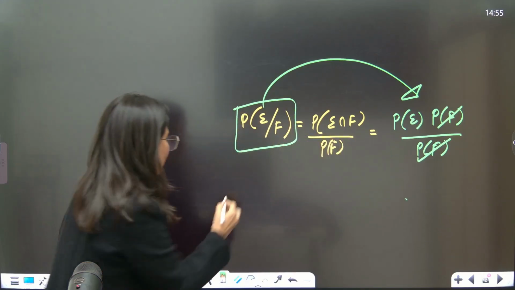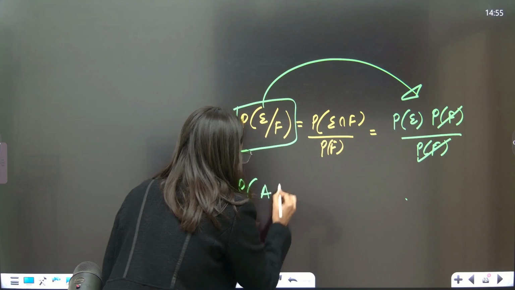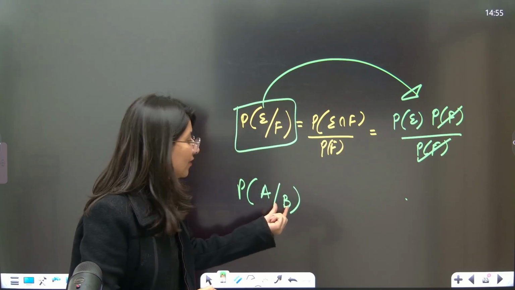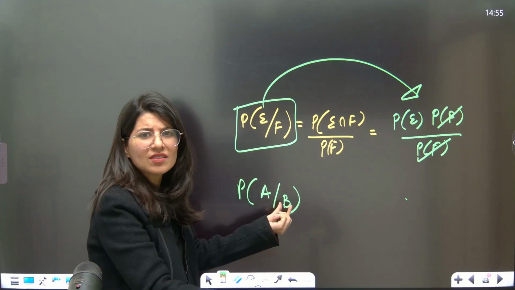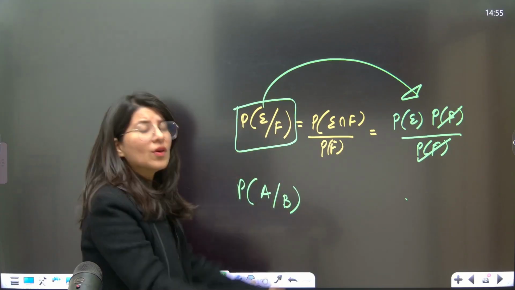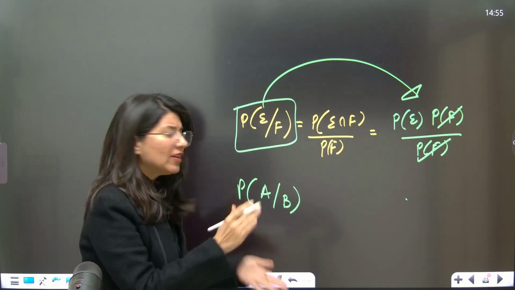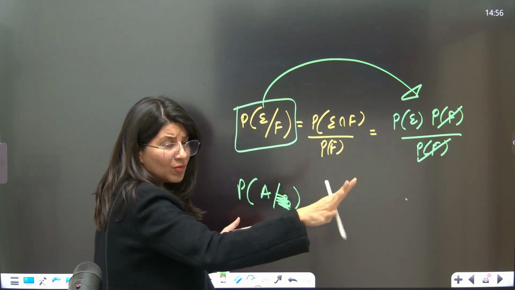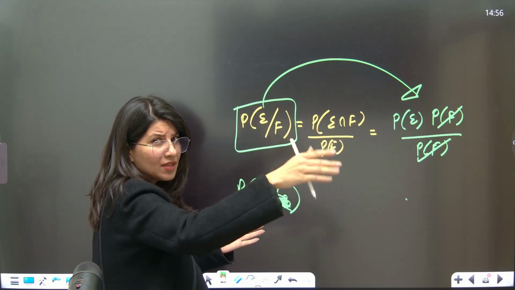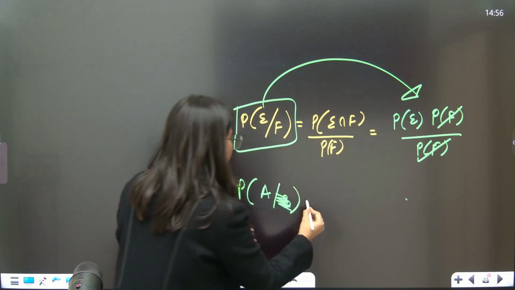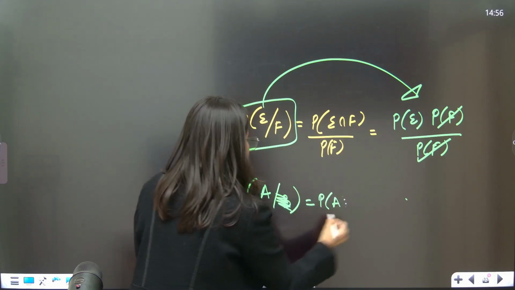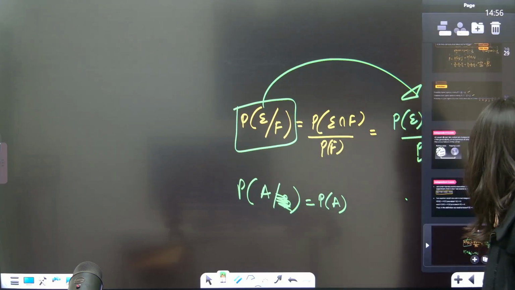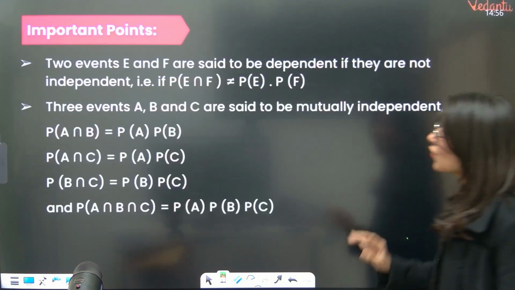So the probability of A given that B has already occurred, if A and B are independent events: whether B has occurred or not does not matter to A. A will say, I am not interested in you, B, you happen, you do not happen, just go away. So this is just the probability of A directly. Just remove the denominator part if both the events are independent. This is helpful for your competitive exams as well.